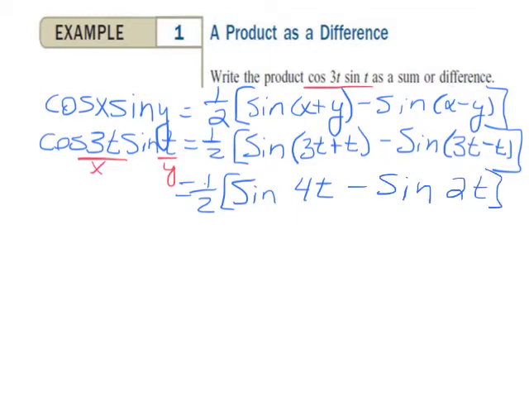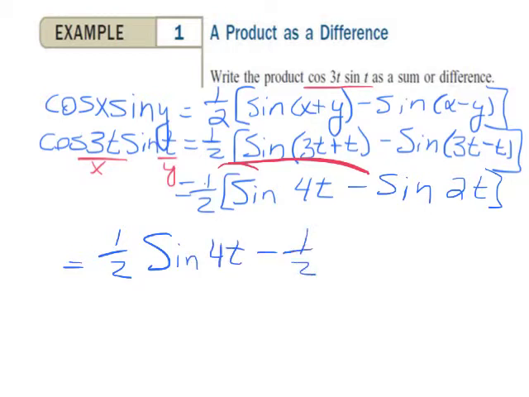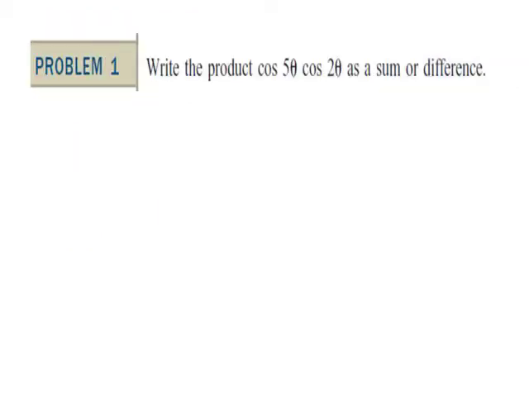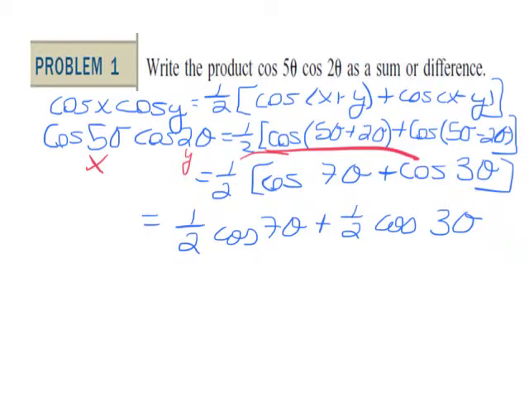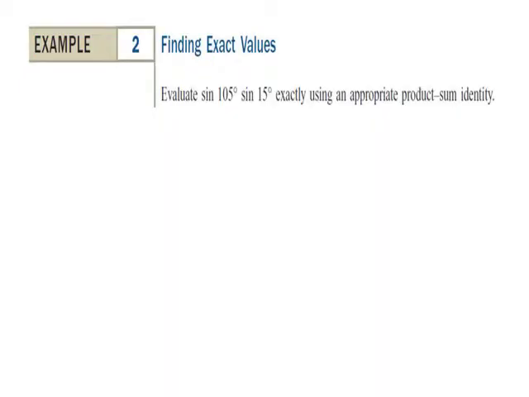All you do now is distribute the half all the way through, and the final answer is 1/2 sine 4t minus 1/2 sine 2t. Okay, time for you to pause and give it a go. I'll put the answer up. There's the answer.